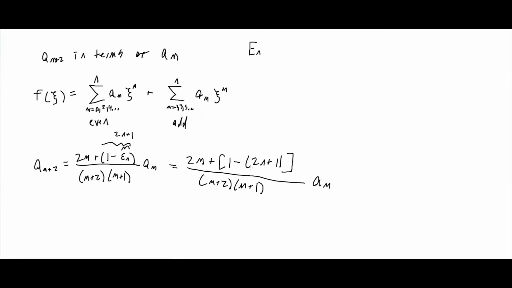And so this will simplify down, and we can say that that is equal to 2m minus n over m plus 2 times m plus 1 times our a sub m.